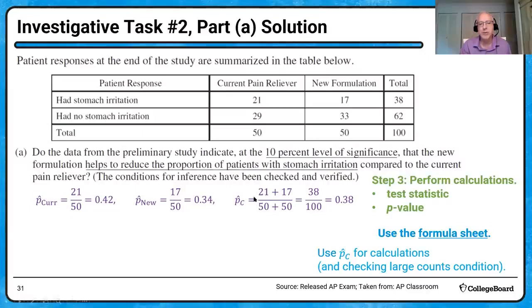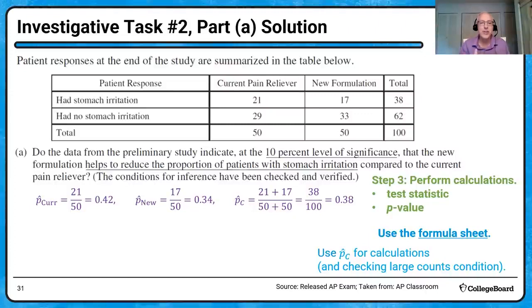And this combined proportion, we just add the two numbers of quote unquote successes having stomach irritation and the two sample sizes together to get an overall proportion of 38% of all the patients in the study who experience some kind of stomach irritation. We're going to assume that is the correct value for both p current and p new, the true parameters for now, because we're assuming they're equal.